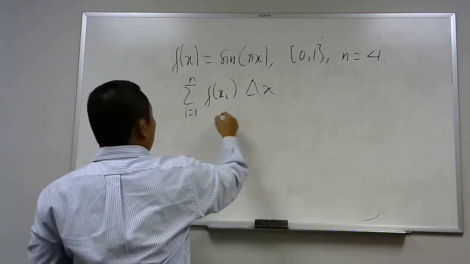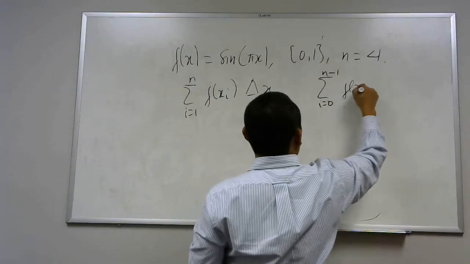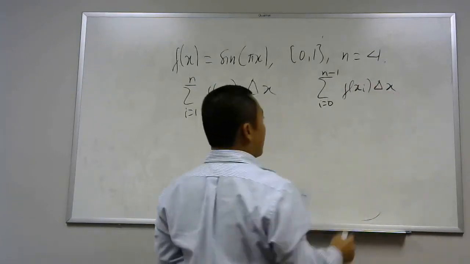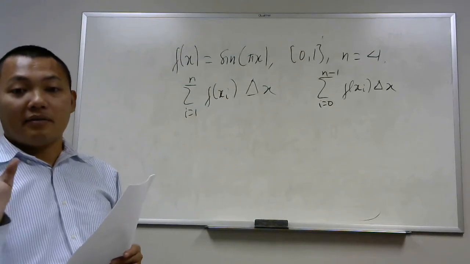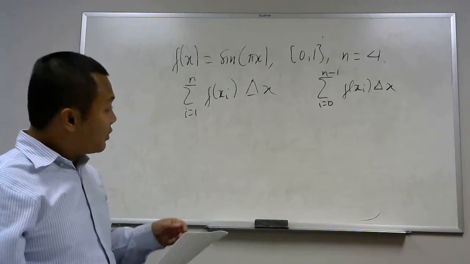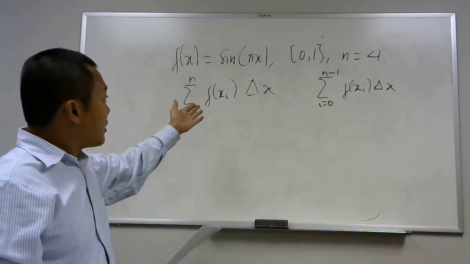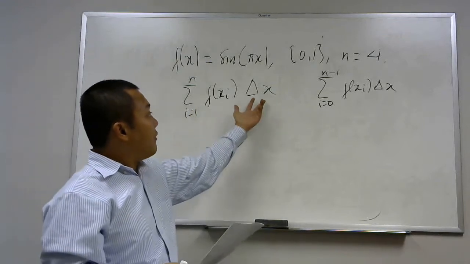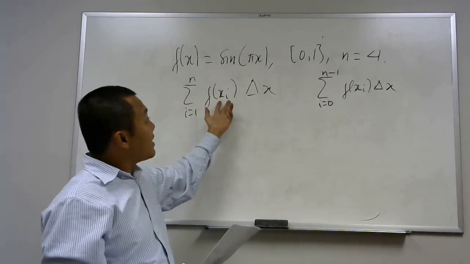We have the following one: sum from i equal 0 to n minus 1 of f of xi delta x. And all subintervals have the same width. So let's choose whatever you want. And in these formulas, we need to find delta x, we need to find xi, right? And then we plug xi into the function.